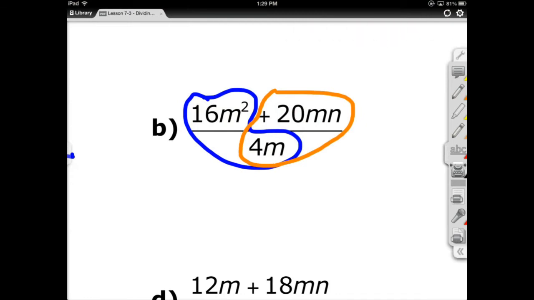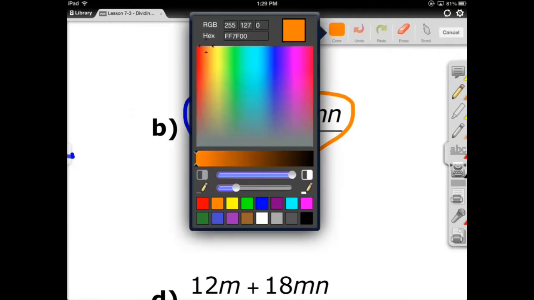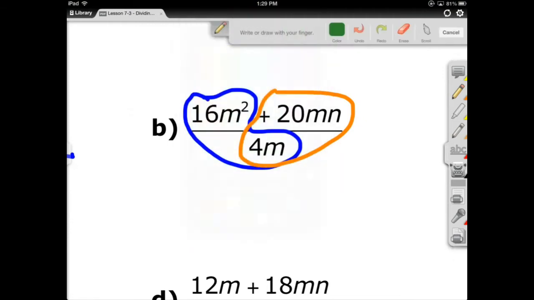So what do we have? We've got, at this point, 16 divided by 4 is 4, and m squared divided by m is just m. So there's your exponent law. So coefficients dealt with, exponents dealt with. On the other side, 20 divided by 4 is 5. Now it's plus 5, not minus 5, because there's no negativity, right?